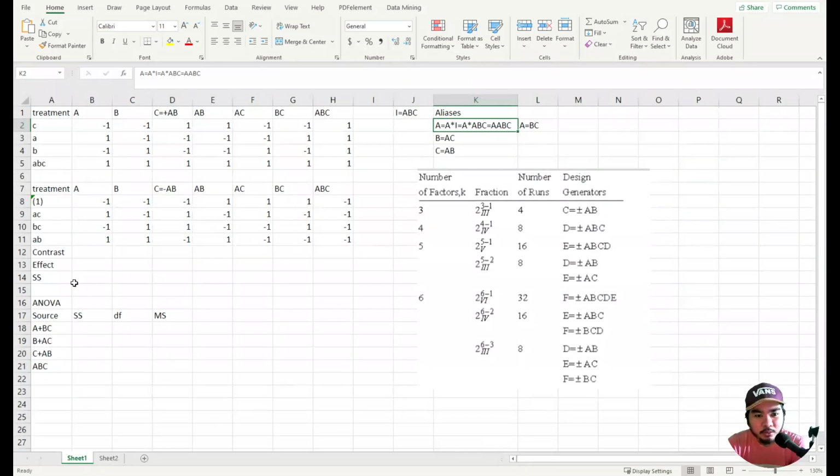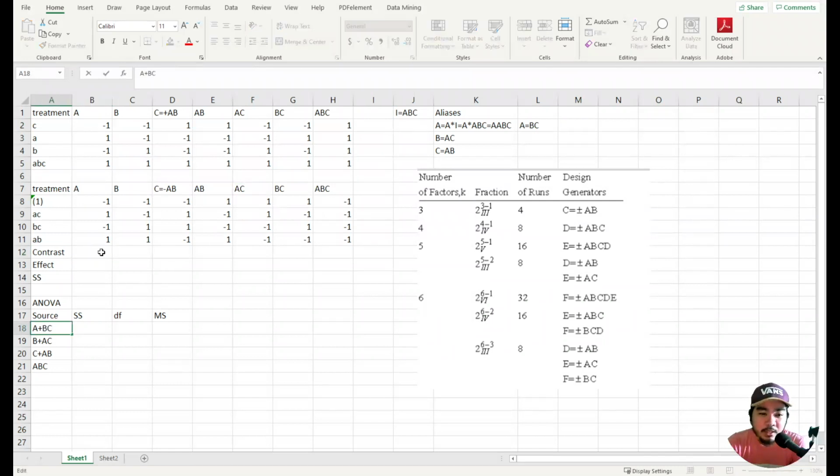So kunwari nag-contrast tayo ng kunwari may certain values tayo dito, 'di ba? Pag nag-sum product tayo, ipa-plus natin pagka naka-positive sign siya tapos ima-minus natin pagka naka-negative sign siya. Okay? So kaya ang lalabas dito is yung A plus BC, siya yung SS na makukuha natin dito. Kasi kasama yung lahat na naka-positive si BC. Okay? If that makes any sense.